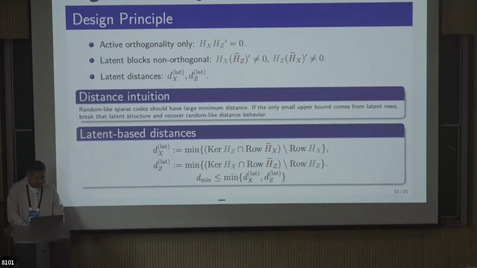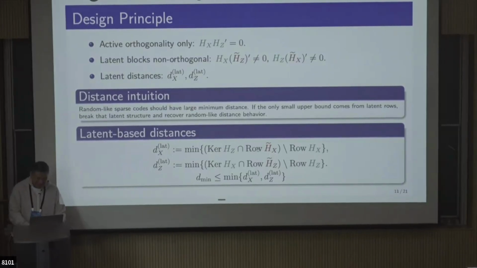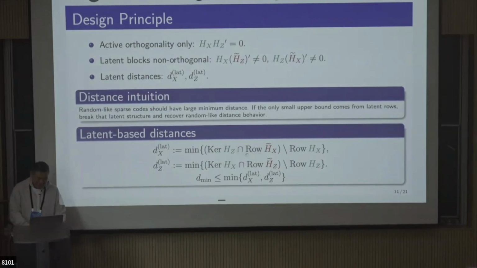The latent-based distance shown on the slide measures how well this obstacle has been controlled. This is the definition of the latent distance: it restricts the definition of the normal minimum distance to the row space of the latent rows.